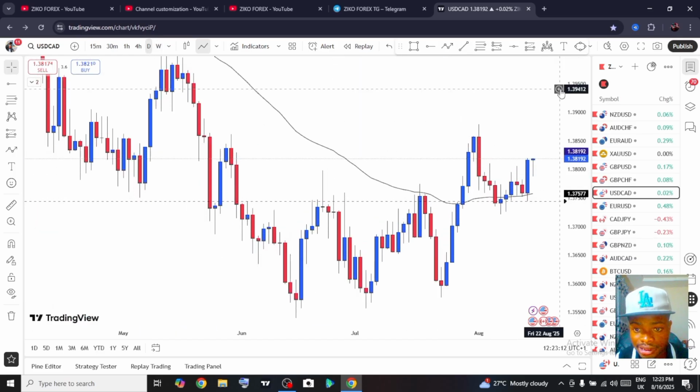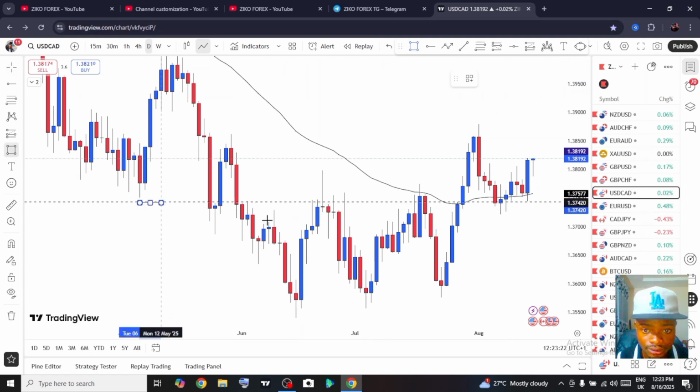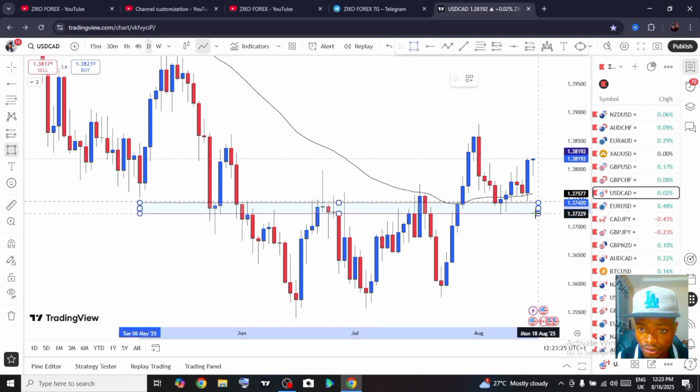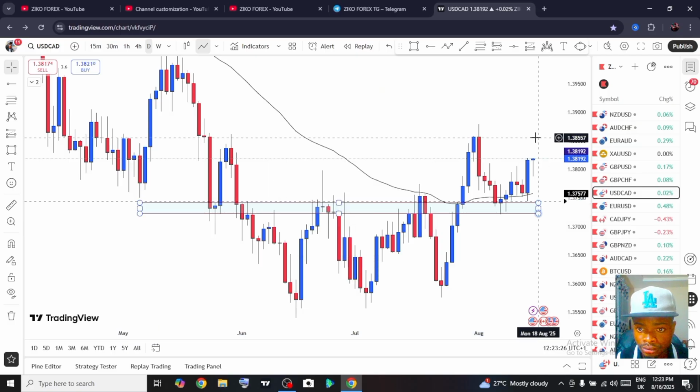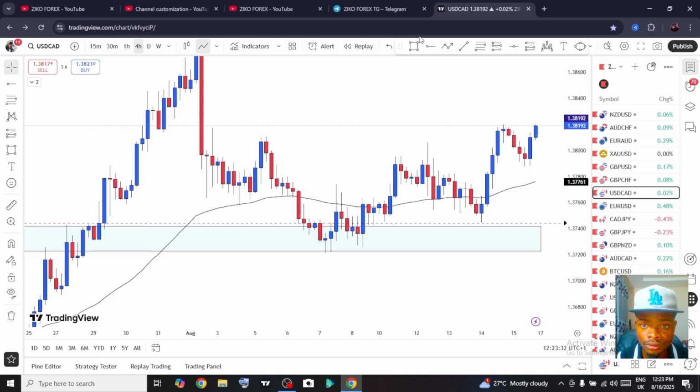I can't really see where to join this trade. I think we still have that area of interest. That is the only valid one right now. 4-hour time frame. There's just a minor area right here.